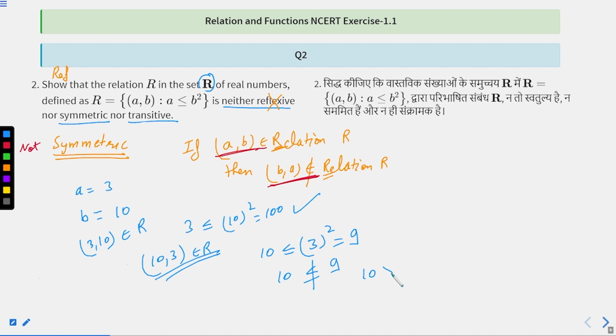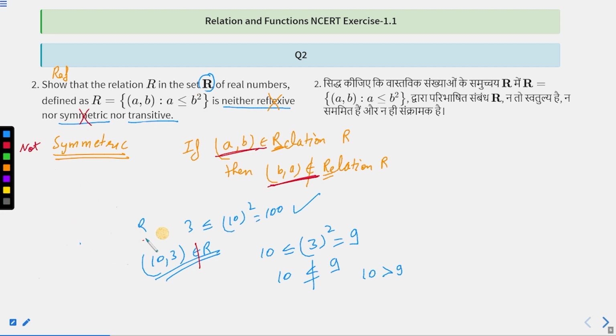It is greater. So we have seen A comma B belongs to the relation, but B comma A does not belong to the relation. So this is not symmetric.